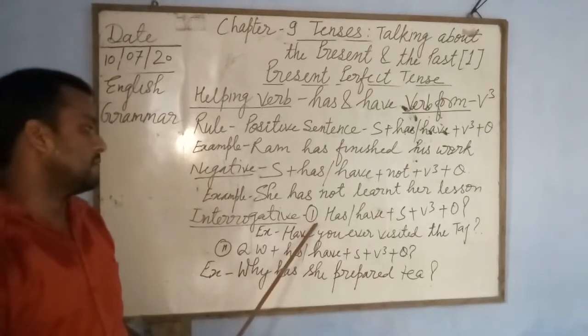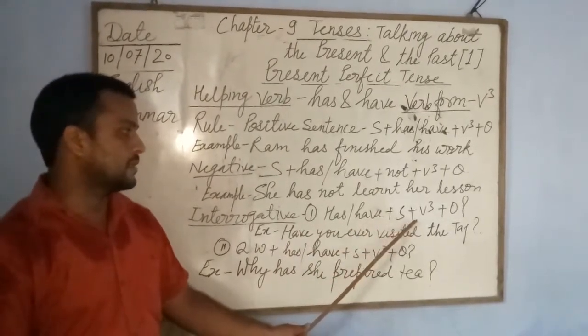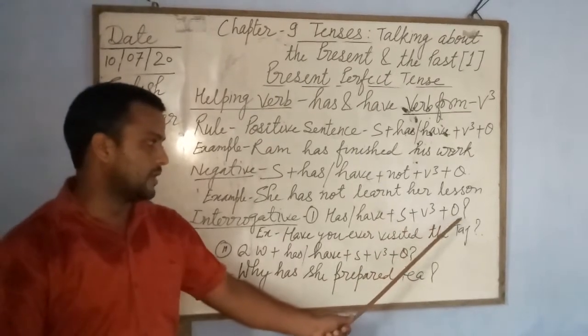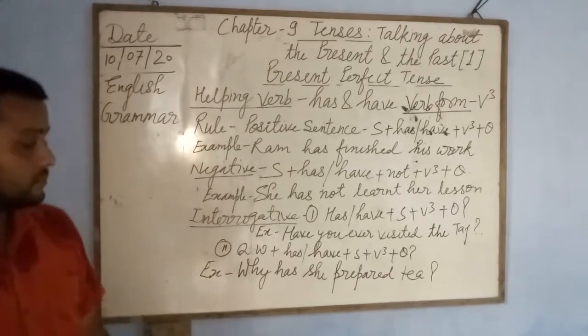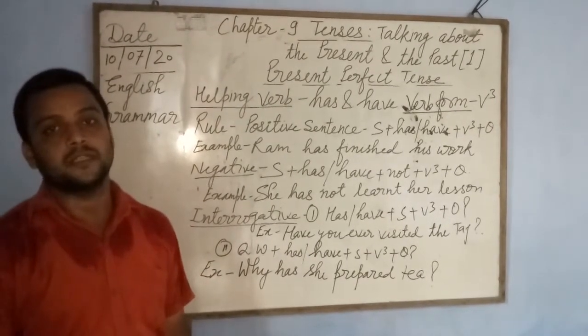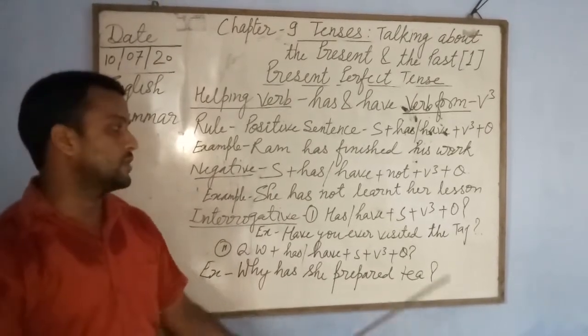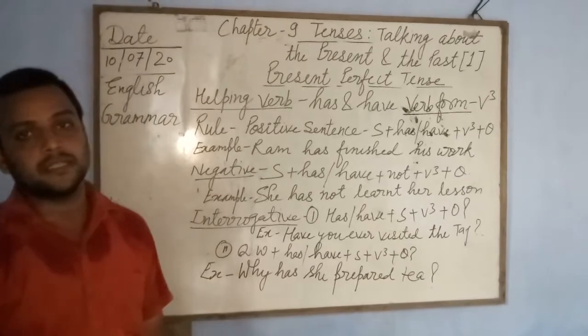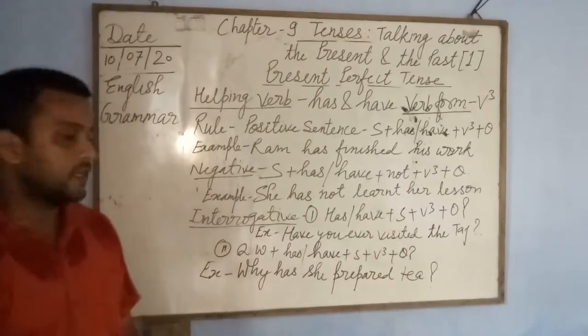For the first type, first of all we write the helping verb, then the subject, verb third form, and at last the object, and after that a question mark. Dear student, in an interrogative sentence the question mark is compulsory. If you write all the sentences but do not use the question mark in an interrogative sentence, then that sentence will be incorrect. Okay.